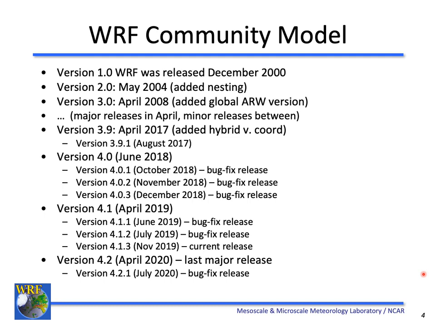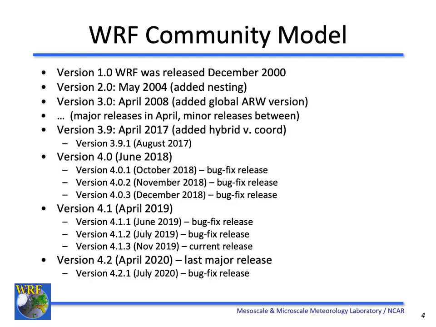The WRF model is 20 years old from its first public release in December of 2000. Since version 3 in 2008, we have released a major version each year, the first and second digit in the release number, and the minor ones within each year. Each major release usually has several new developments, typically new physics or other new capabilities, such as climate diagnostics.